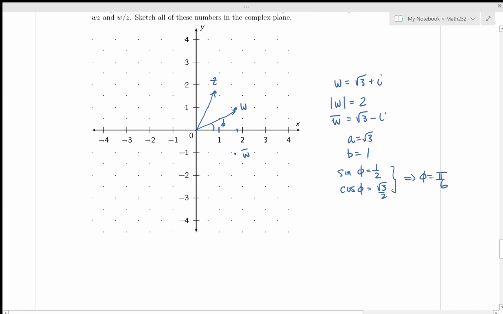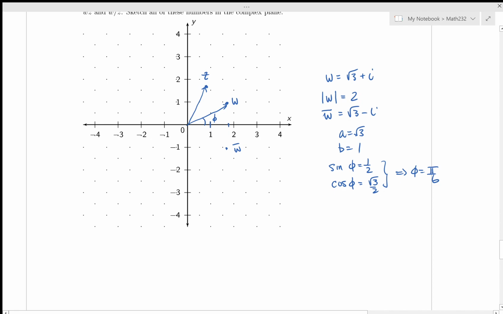So I know that angle phi is pi by 6. Next I'm going to do the same thing for Z, possibly in a little bit less detail. We have Z equal to 1 plus root 3i. Again, make these calculations yourself and make sure you can do this. The conjugate of Z is 1 minus root 3i. The modulus of Z is equal to 2, and the angle for Z is equal to pi by 3.